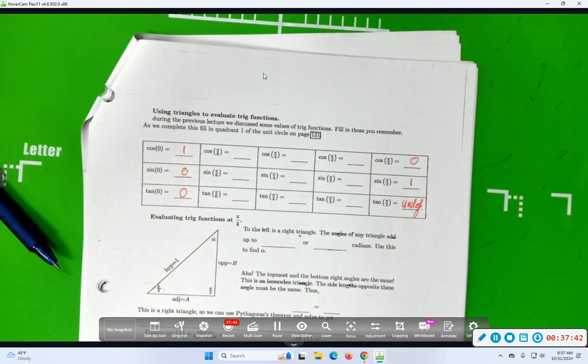I'd like to spend today justifying the entries that go in the remaining spaces. And maybe I'll just ask you, how many people just from memory, as soon as I gave you this unit circle, filled in all the blanks on the spot? I could have sworn I saw some people doing that, so it's okay if you did. I'd like to now justify why the entries that you would have put in there are correct.